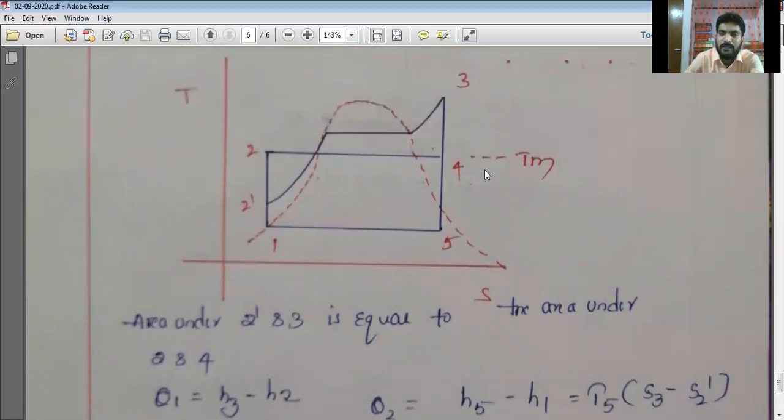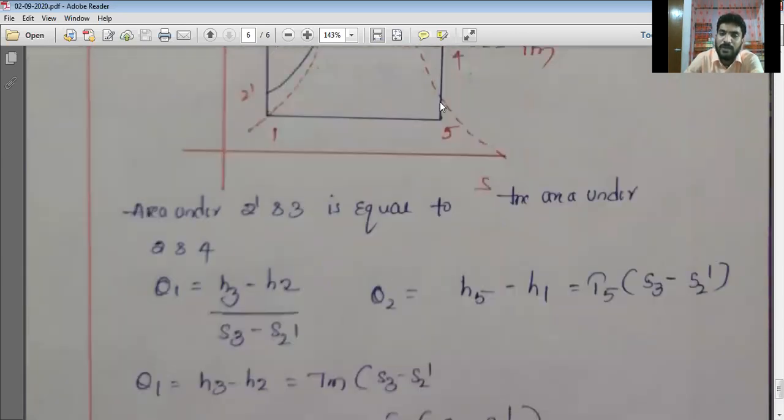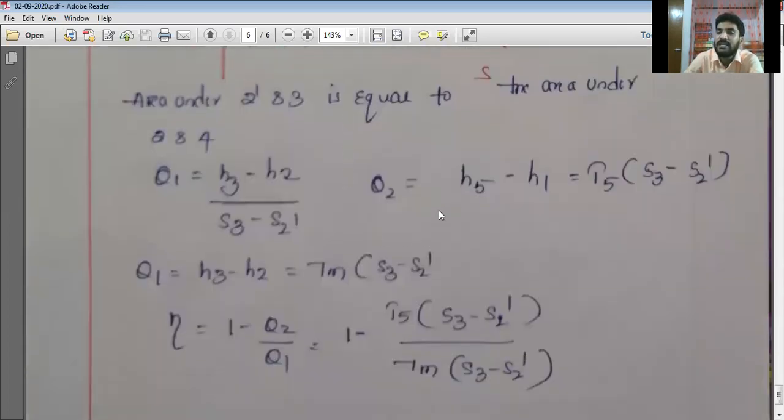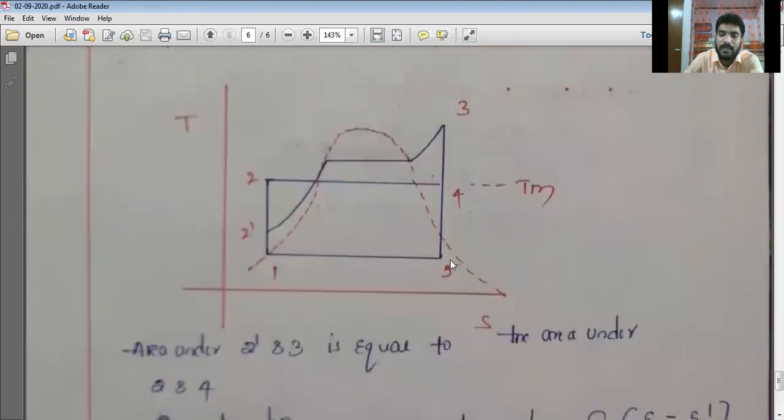Again, I can write heat supplied in terms of the mean temperature and entropies: heat supplied Q1 is equal to mean temperature into S3 minus S2 dash. Similarly, heat rejection H5 minus H1 can be written as T5 into S3 minus S2 dash.